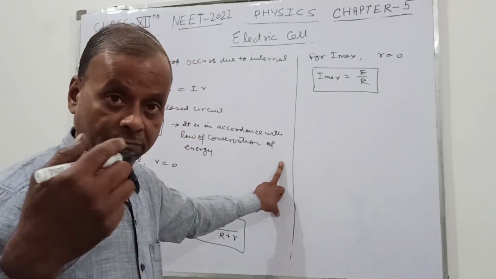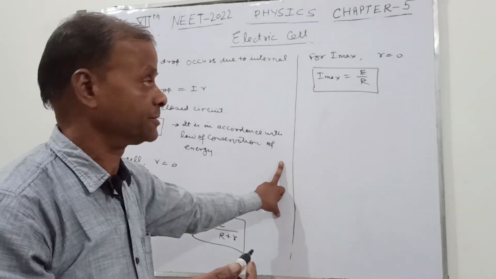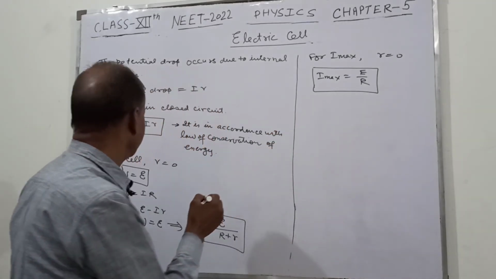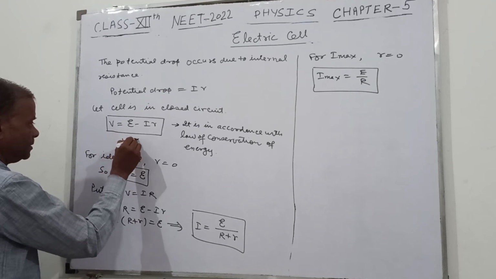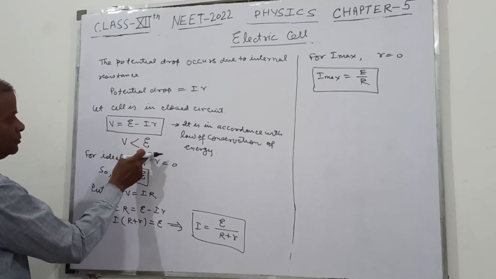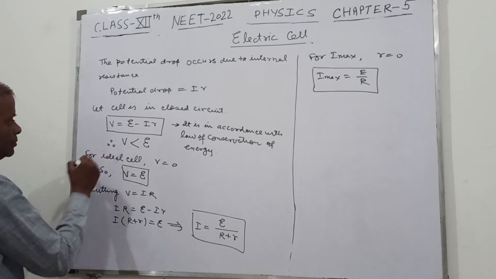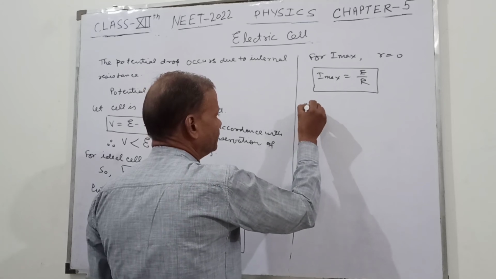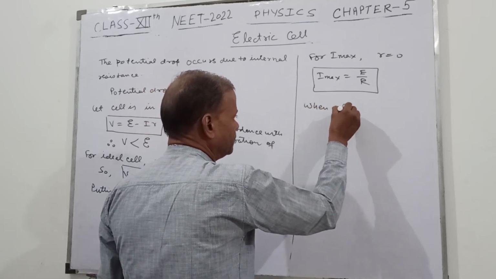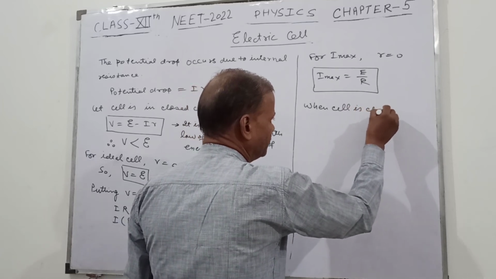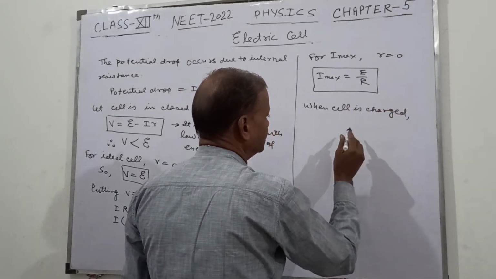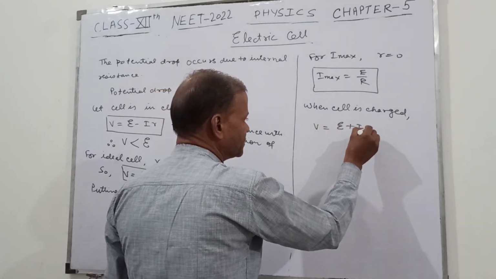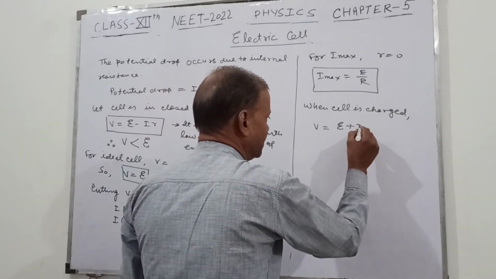Now if the cell is charged, in this case we have V greater than E. When the cell is charged, then we have V equal to E plus Ir.